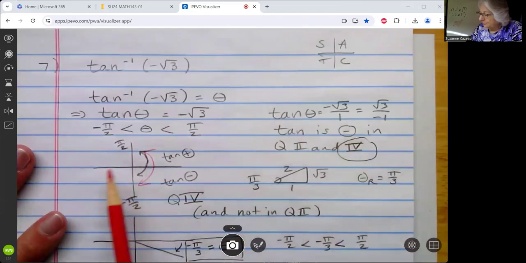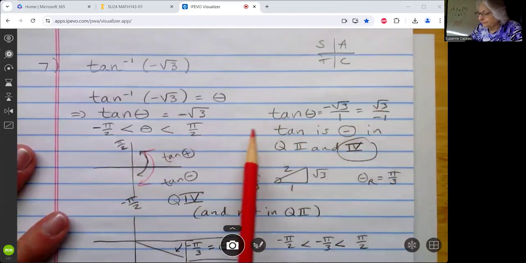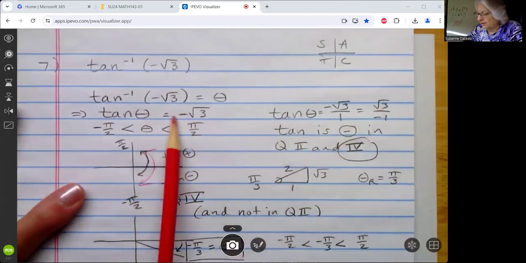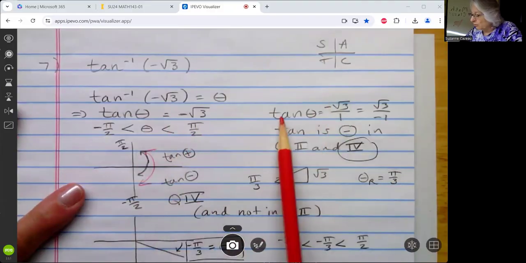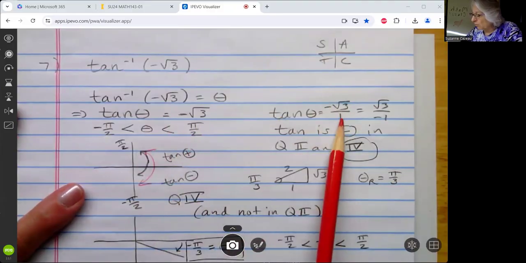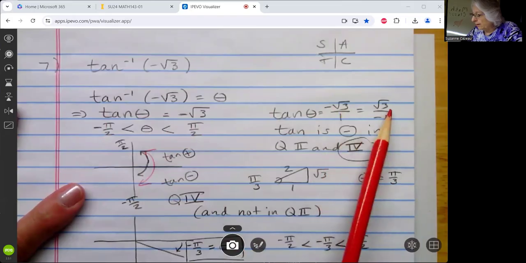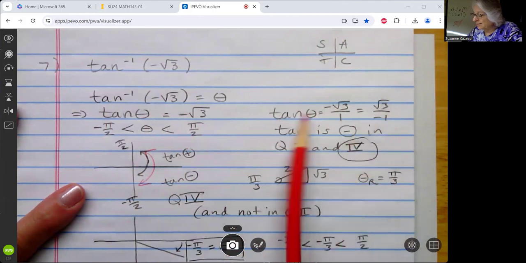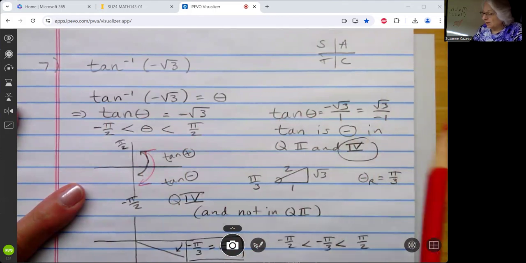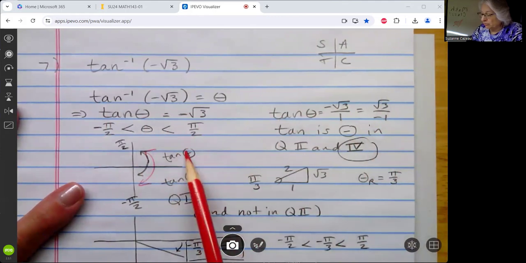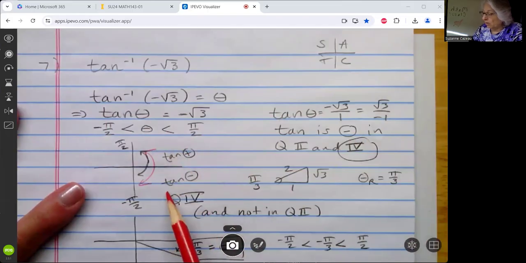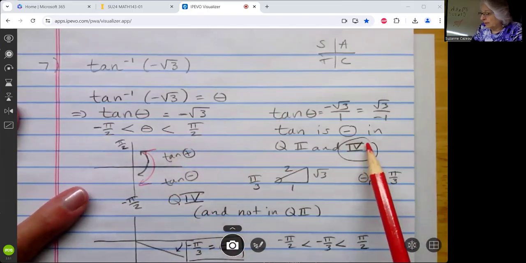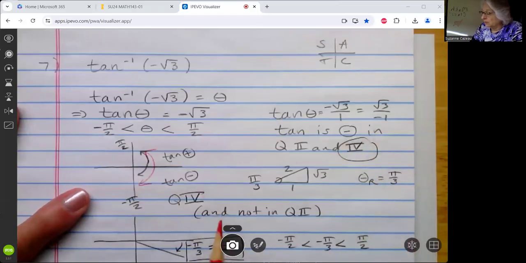So what do we got? Tangent of theta is -√3, so that means -√3 over 1, or it's root 3 over -1, but it's negative. The only way you can get negative, because tangent only lives in quadrants 1 and 4, is quadrant 4. We're in quadrant 4.